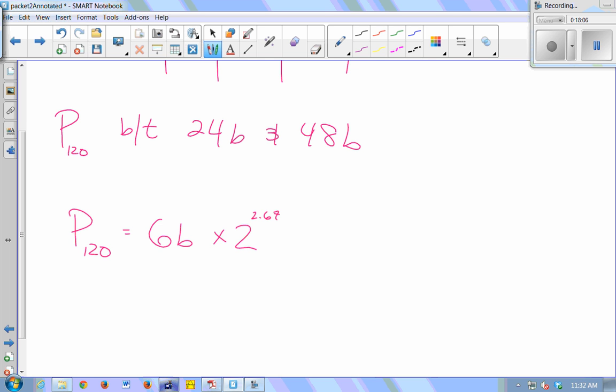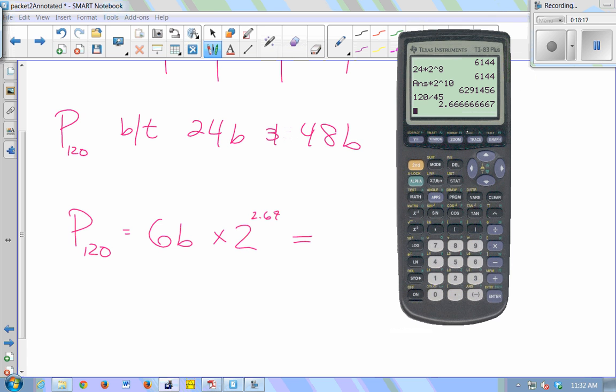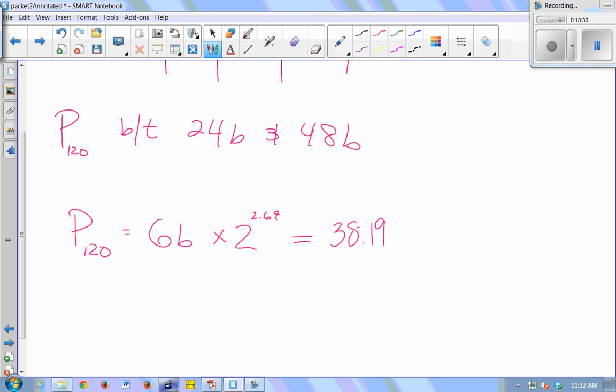We're just following the exact same procedure we did before. It's just that that number was always a whole number before. So let's see what that comes out to. So 6 times 2 to the 2.67, and you get 38.19 billion. Is that a number that makes sense for the population in the year 2120?